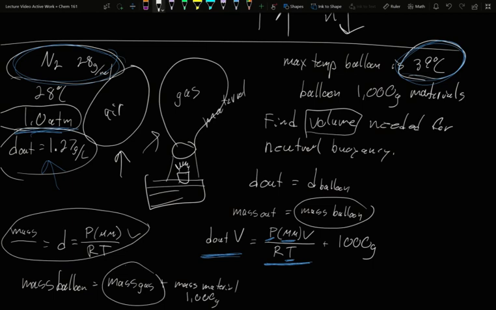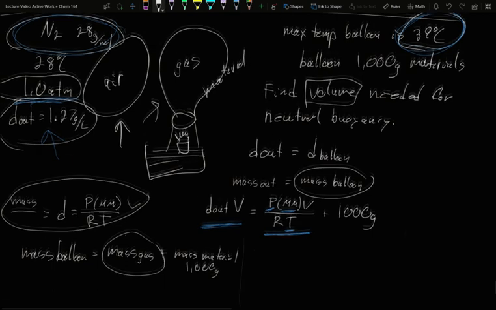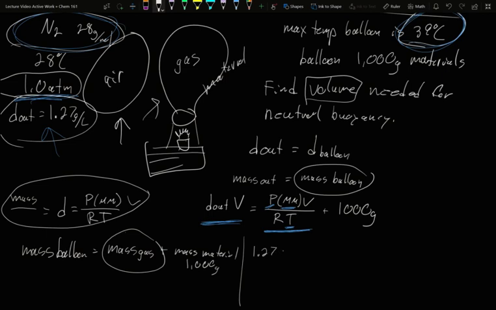What we need to do then is plug in some values and rearrange. 1.27 grams per liter times volume is going to be our density of the outside times its volume. Our inside is going to be 1.0 atmosphere, 28 grams per mole, unknown volume, over 0.08206 atmospheres, liters, moles, and Kelvin.